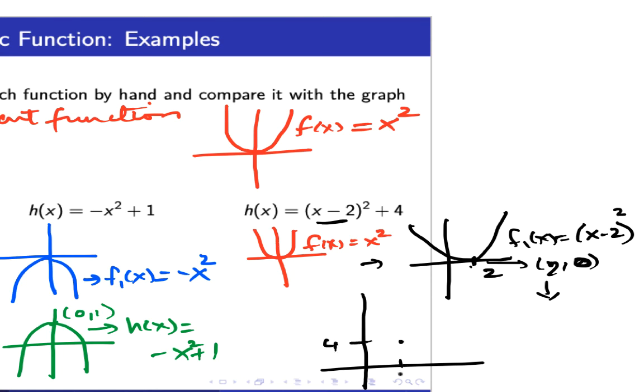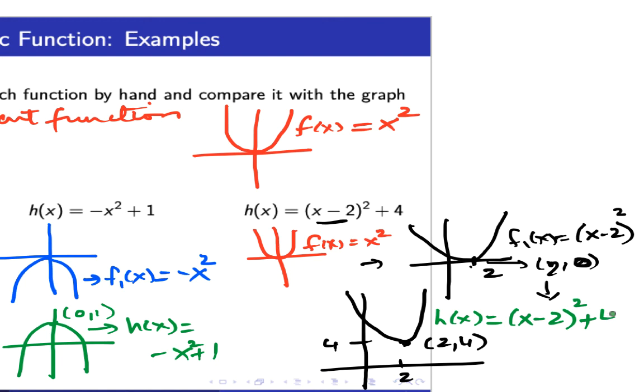This is 2. So this is the graph. So this is the coordinate 2 and 4. And this is our new graph, the one which we were asked to sketch. This is the graph h(x) equals (x minus 2) squared plus 4.